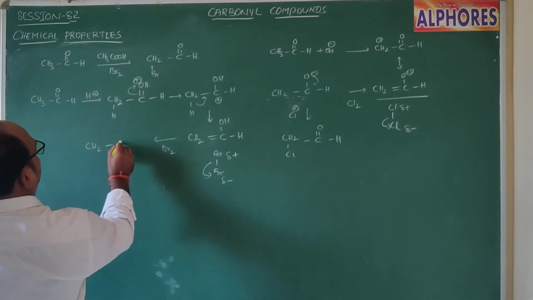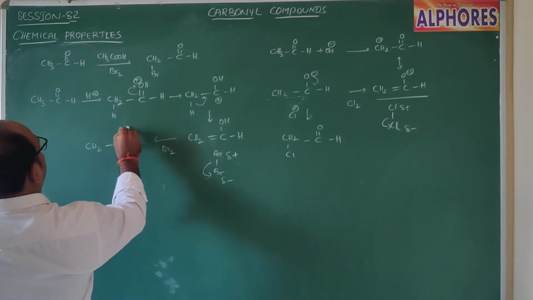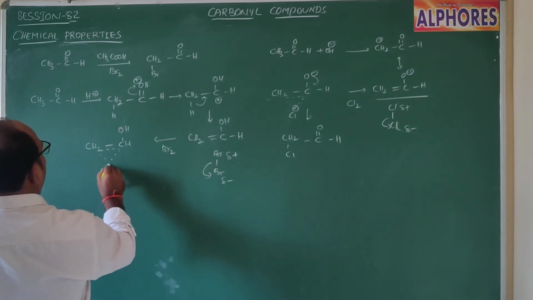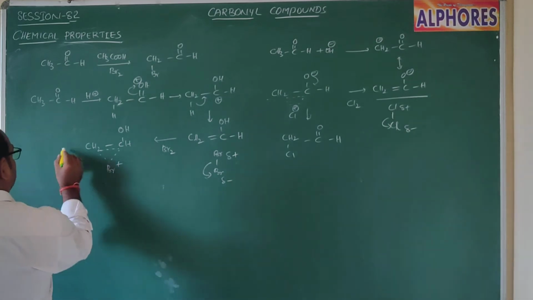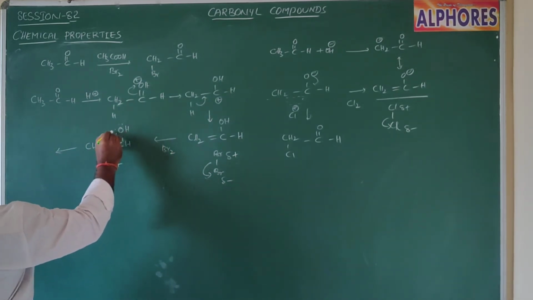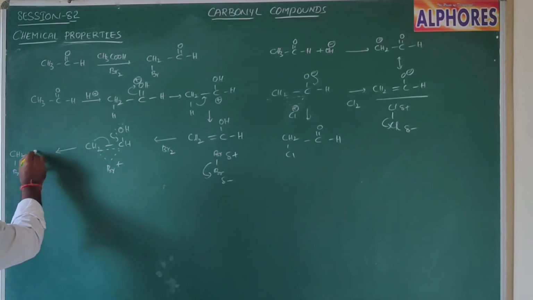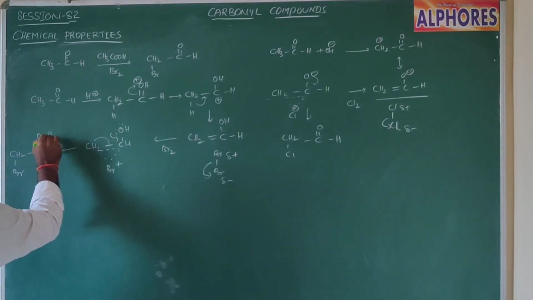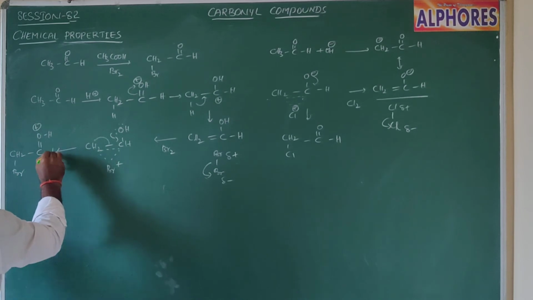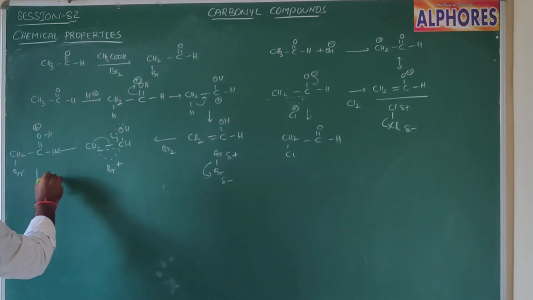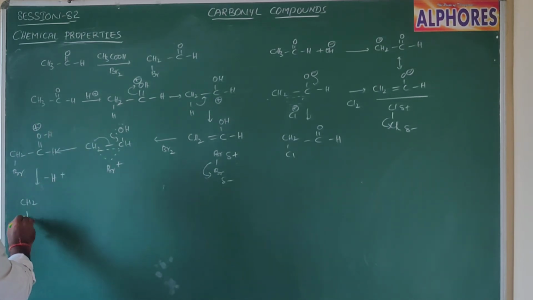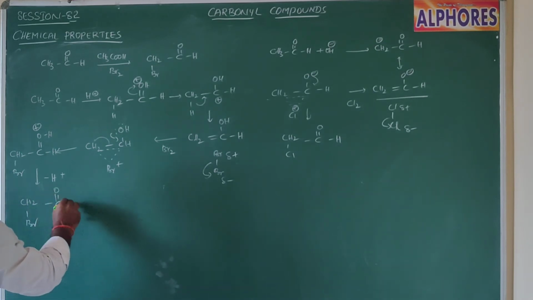As a result, we are getting CH2 CH OH and Br plus. In the next step, here oxygen is going to donate an electron pair. As a result, we are getting CH2Br C double bond OH plus H. And this one undergoes deprotonation, giving CH2Br C double bond OH.